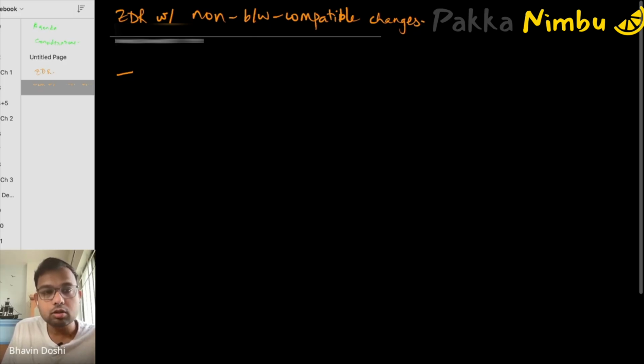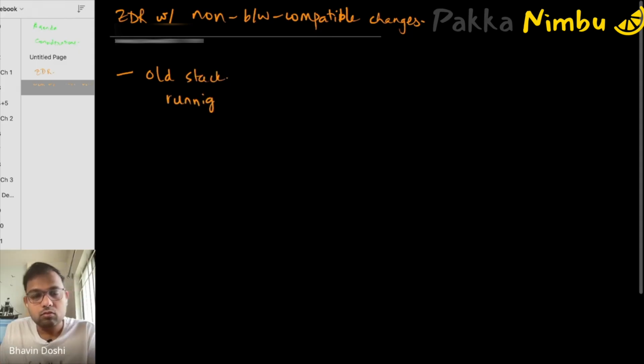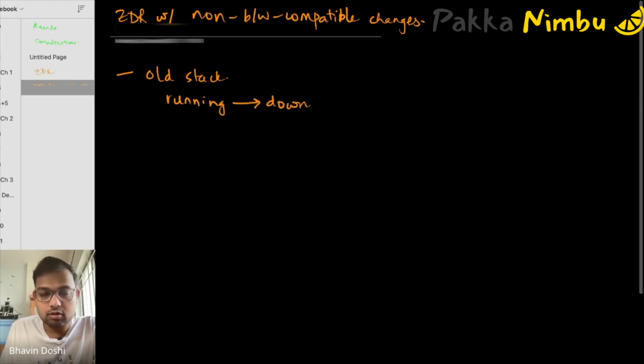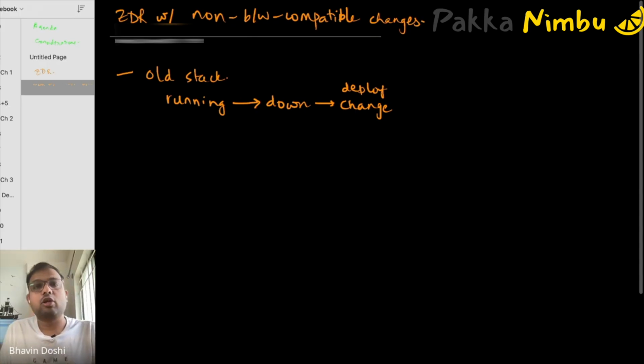So you essentially have your old stack running. You bring the old stack down. So now nothing is running. Then you apply the change. This is a non-backward compatible change. So from here onwards, whenever I say change, please consider it synonymous with non-backward compatible change, right?